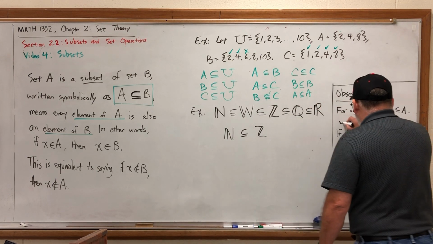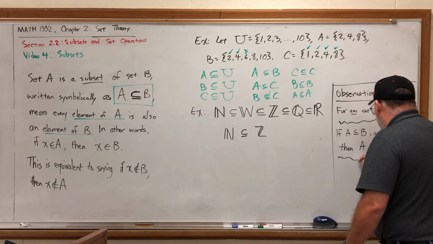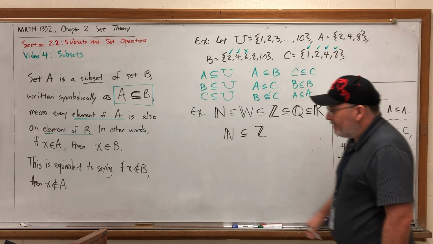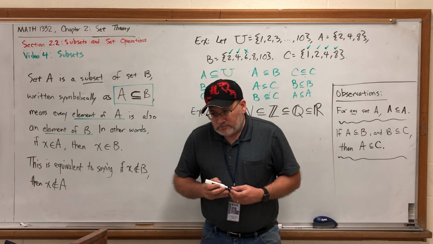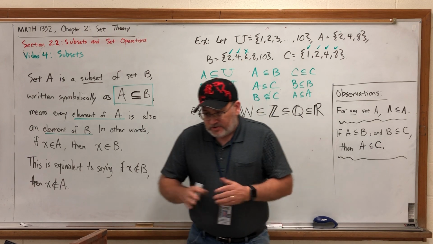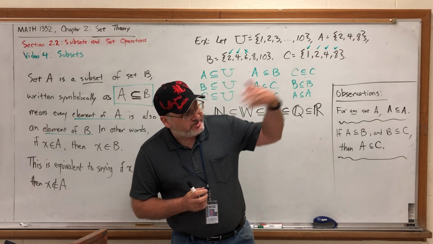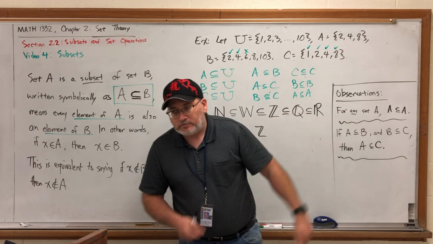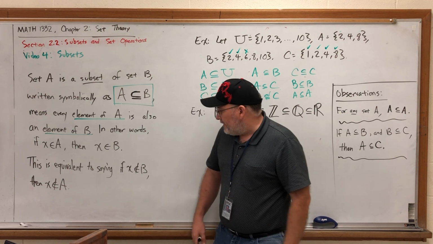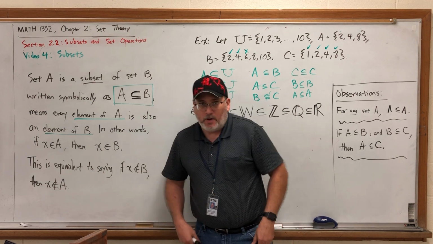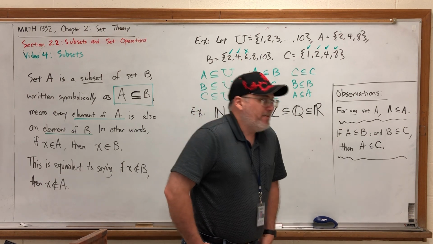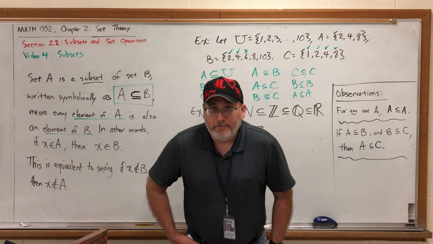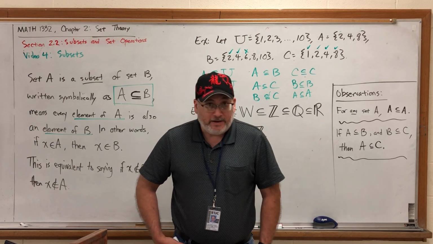There's one more observation I wanted to make, and this one's kind of tricky to explain, but it kind of goes back to this alternate definition of being a subset. The idea is you're a subset if everything inside of you is inside of a larger set. But vice versa, if you're not in the larger set, then you're not in the smaller set. Such as the example saying, if you're not a mammal, then you're not a dog, because dogs are subsets of mammals.